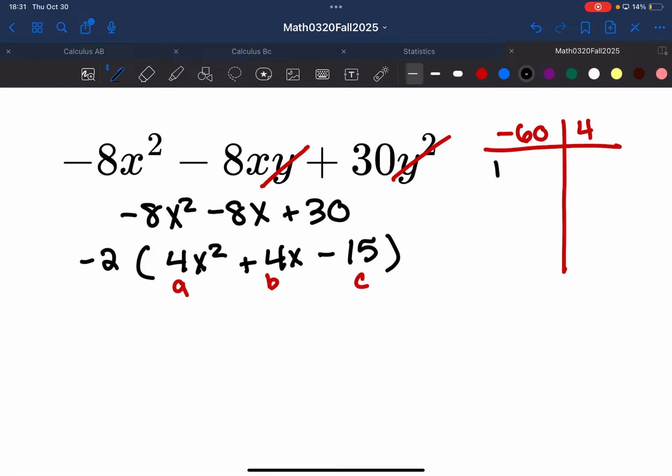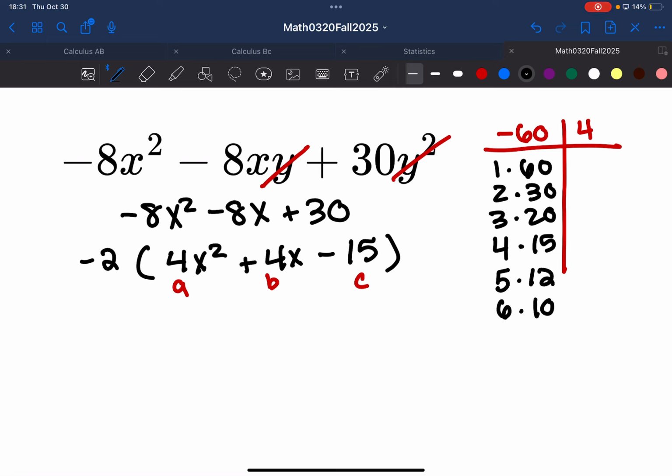So I'm going to start writing down my factors. 1 times 60, 2 times 30, 3 times 20, 4 times 15, 5 and 12, thank you, 6 and 10, and then I'm going to stop there.